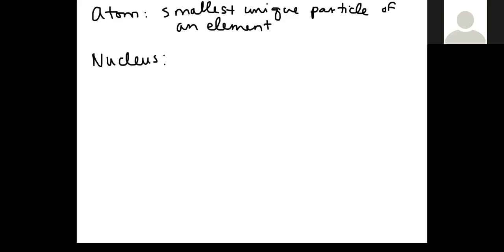A nucleus is very small but incredibly massive. In English in general, massive generally means big. Massive actually means very, very heavy in scientific terms. So something can be very, very small and very, very massive. So that just means it's incredibly dense.